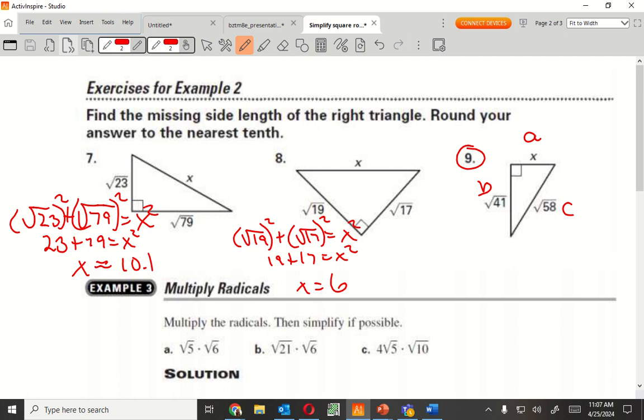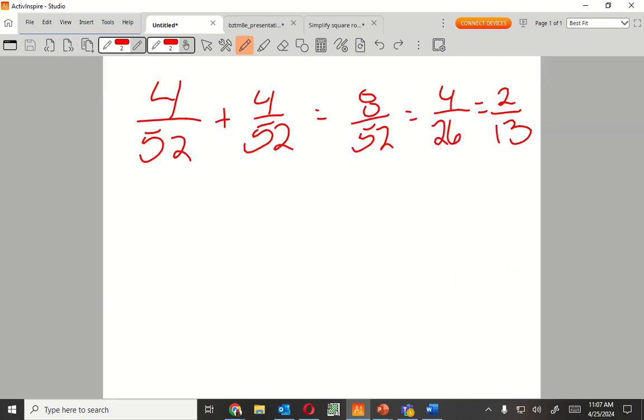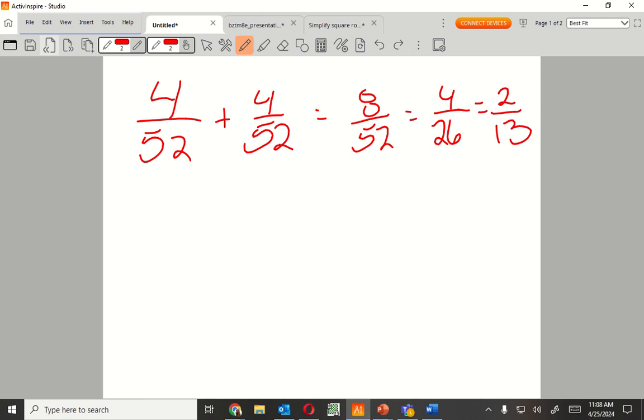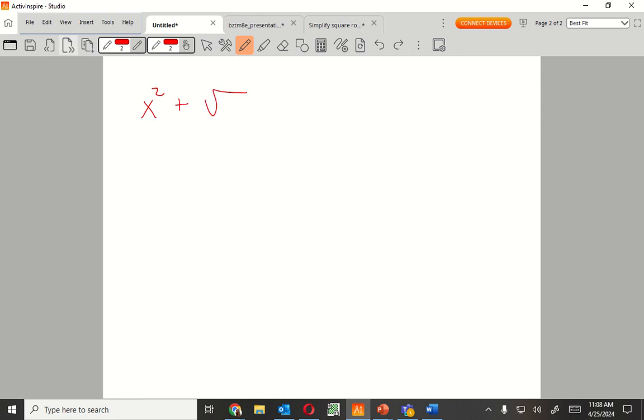the work on this one, because some people are going to struggle with this one. So it was x squared plus square root of, what is it? 41. 41, okay. Squared equals square root of 58 squared.